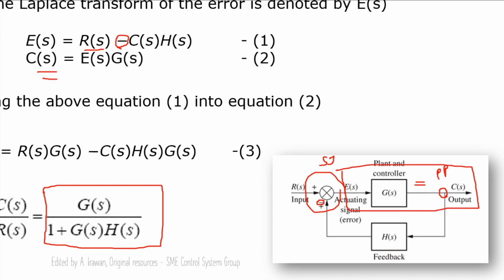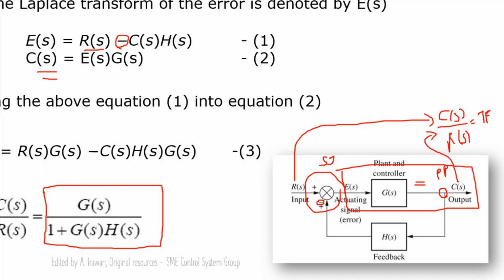From here we can manipulate, because our goal is to relate the input and output. We need to have the form of C(s) over R(s), because this is a transfer function.